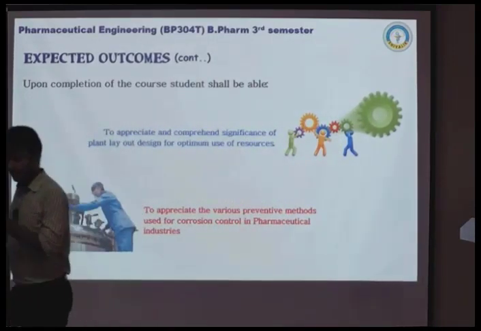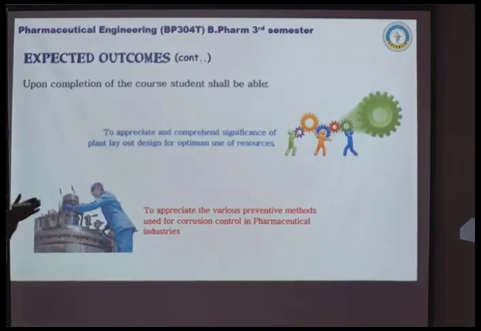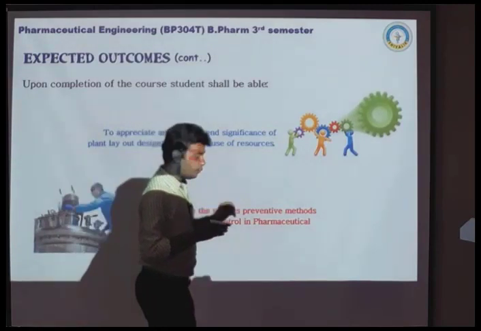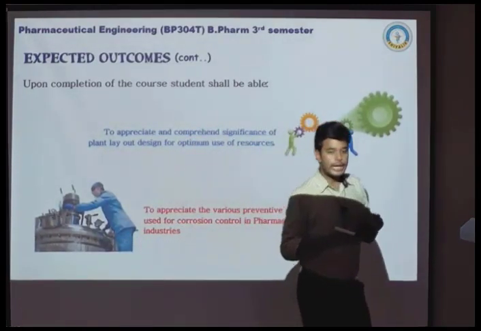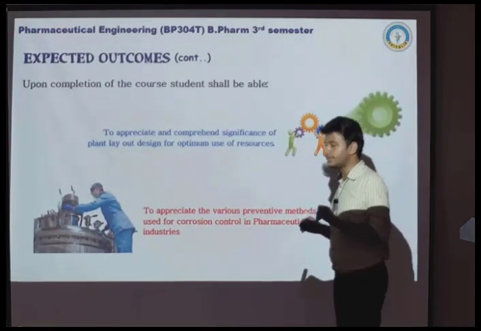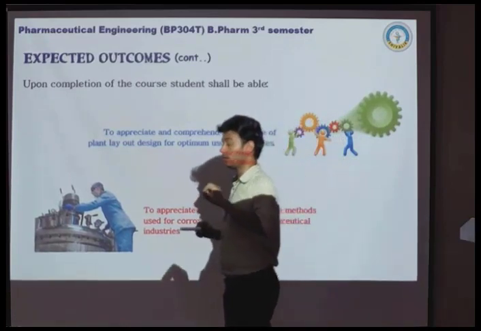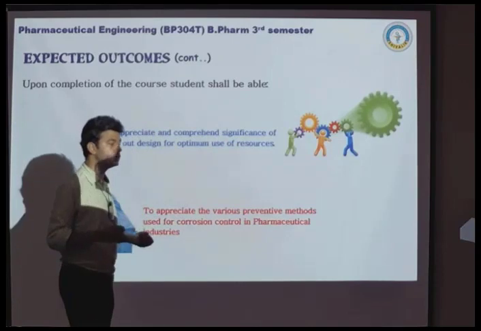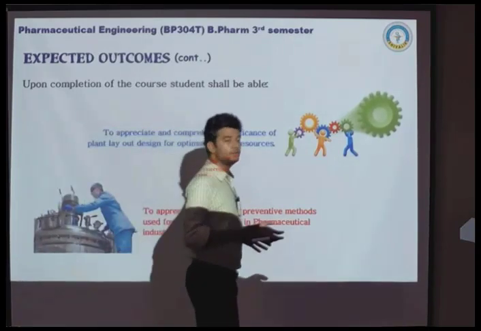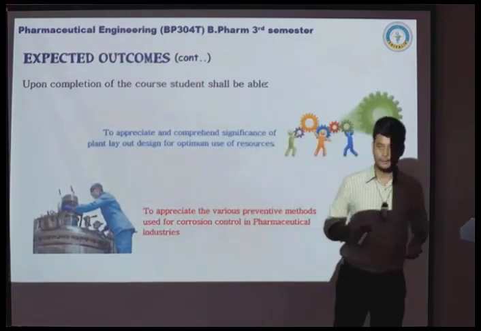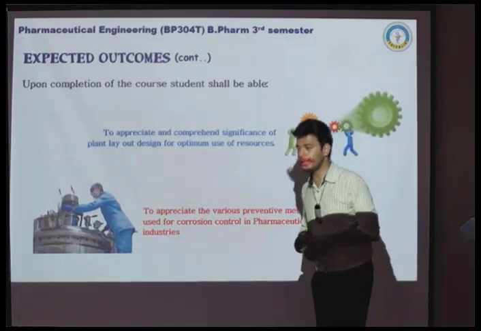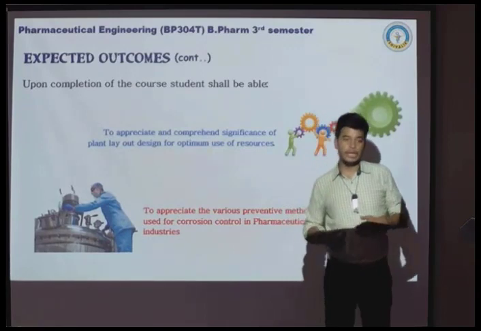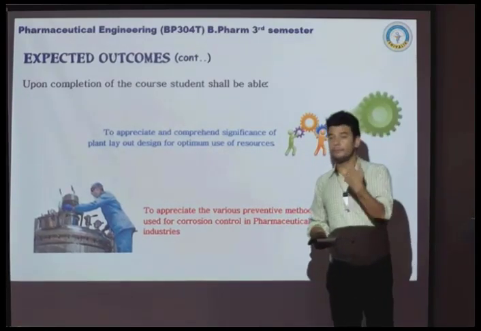Okay, it becomes very necessary to locate all this machinery, all the resources should be at their proper place so that we can have optimum utilization of that particular machinery or resource, because these resources will be used for the manufacturing process only. So it becomes very necessary to organize all those resources accordingly so that we feel less effort for more productivity.